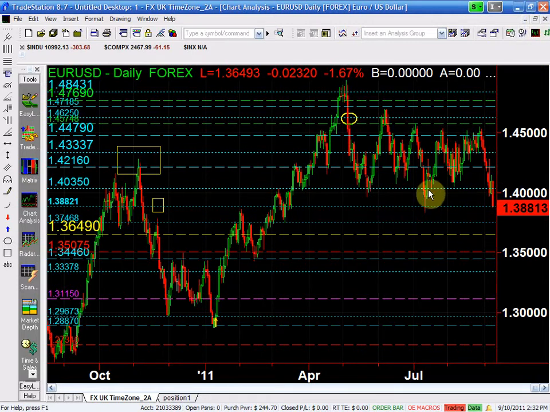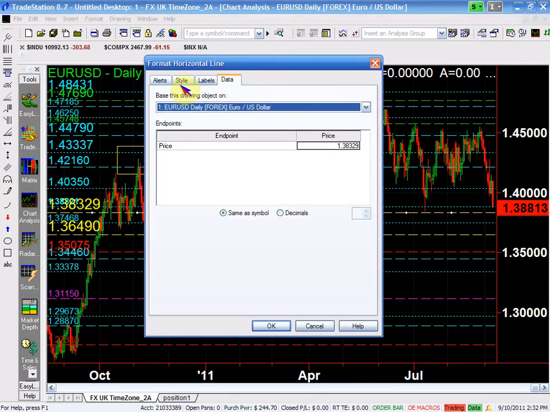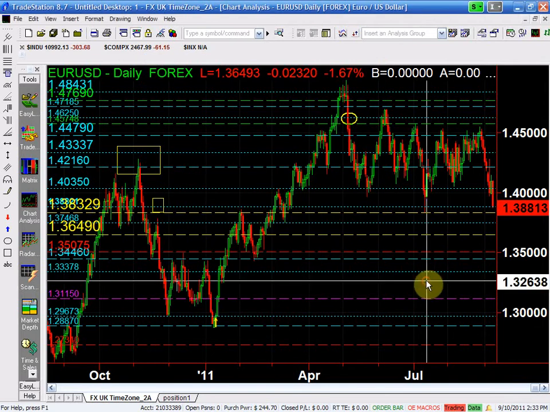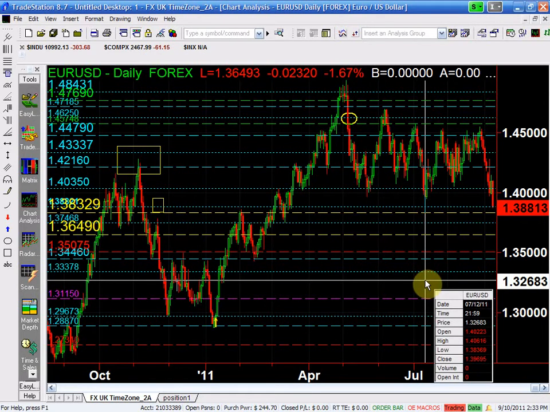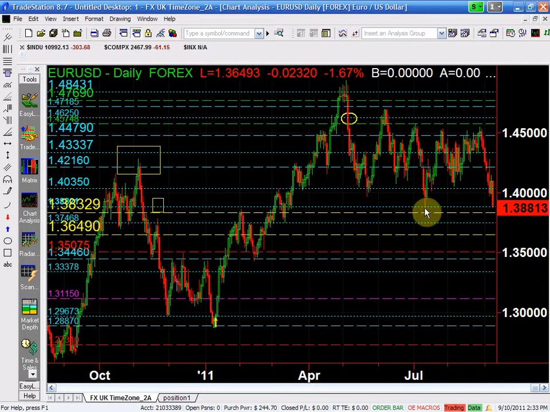So anyway, we have broken through another structure point, and this point over here, guys, 138.36.